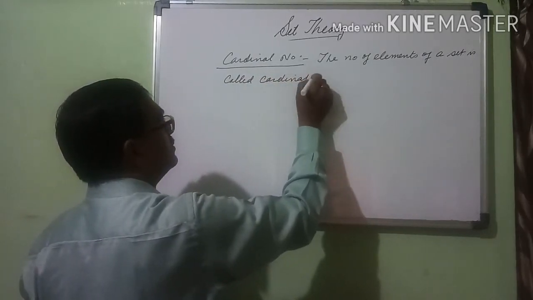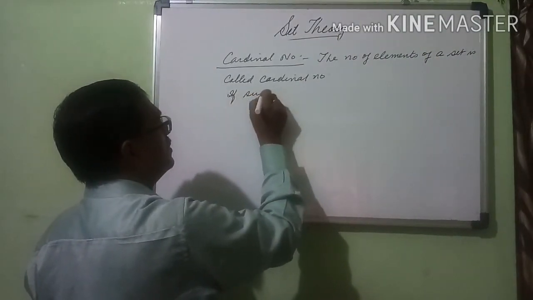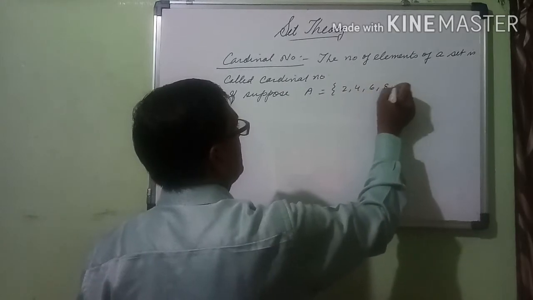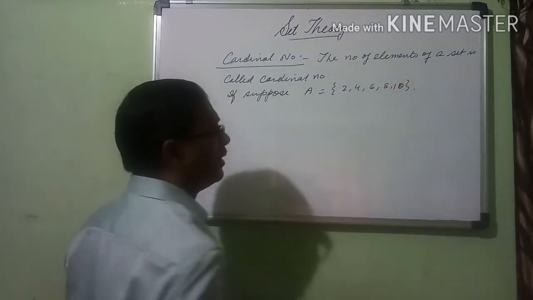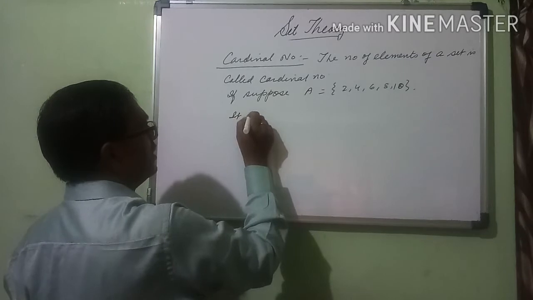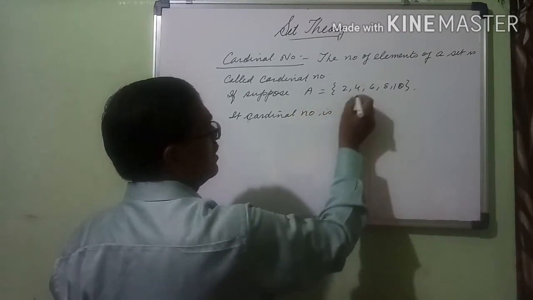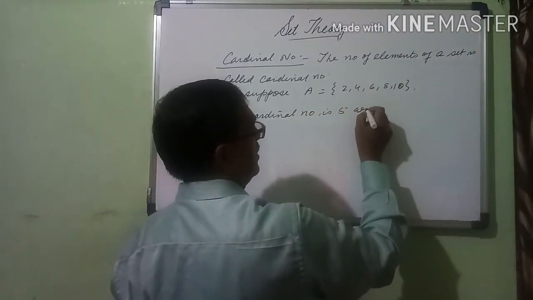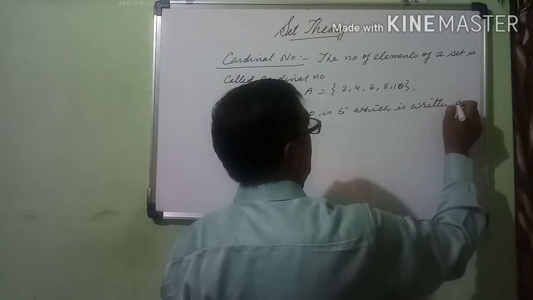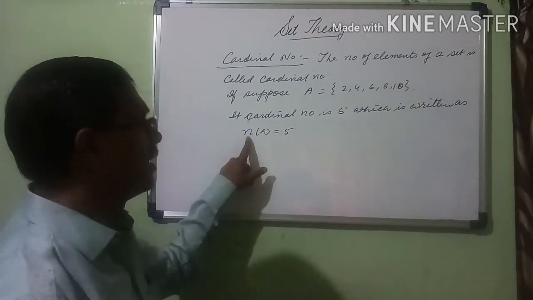Suppose A is equal to 2, 4, 6, 8, 10. Then A is a set and its cardinal number is 5, which is written as n(A) is equal to 5, meaning a set whose cardinal number is 5.